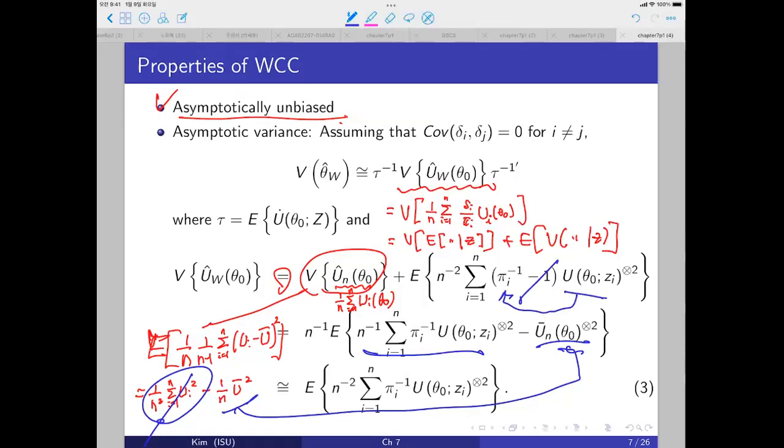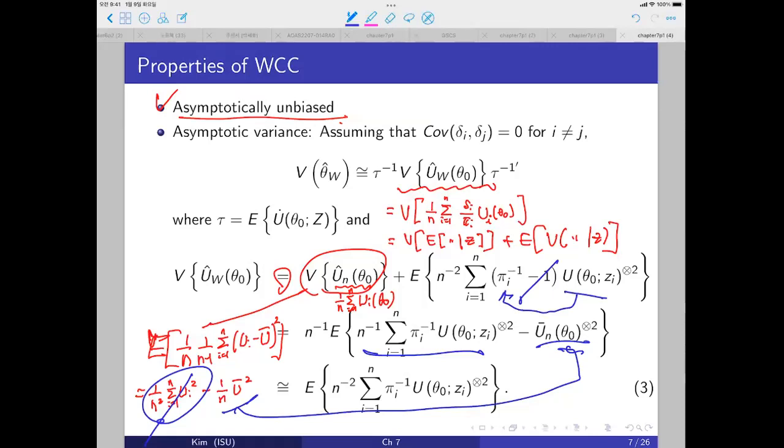And then this guy is non-negative, some positive term, but this one converges to 0 because of the expectation. This is the sample mean of squares, and the sample mean converges to 0, because the population mean is 0.